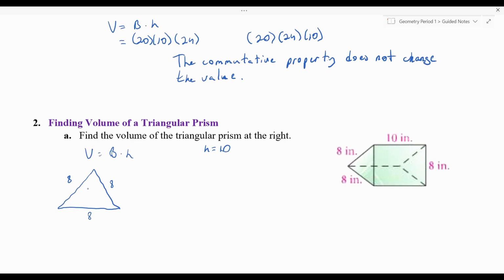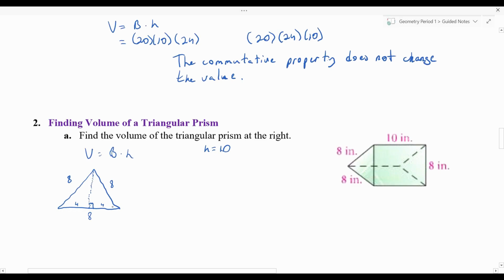I want to find out the height of this. There I have my altitude drawn here of this triangle, and since it's an altitude, it's going to be making this angle right here at 90 degrees. It's also going to bisect this side over here, making this length here 4 and this length here 4.